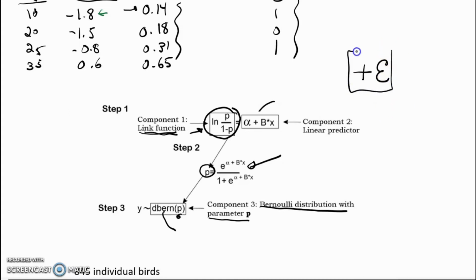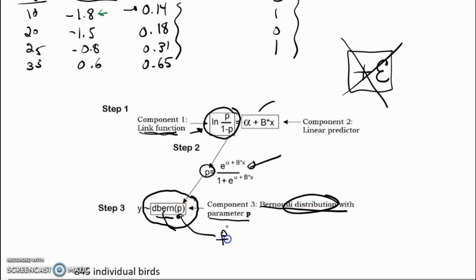And that's how variability would have been introduced, by tacking on a residual to your expected value. But that's not what we do in generalized linear models. In generalized linear models, how we obtain variability is to randomly obtain an observation from some sort of a distribution which has a particular parameter.